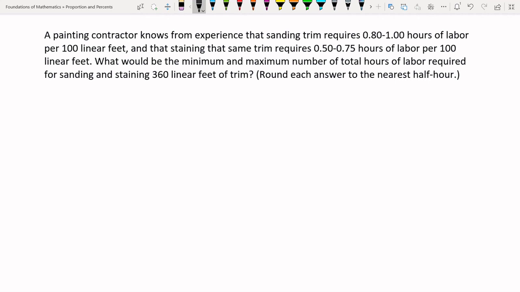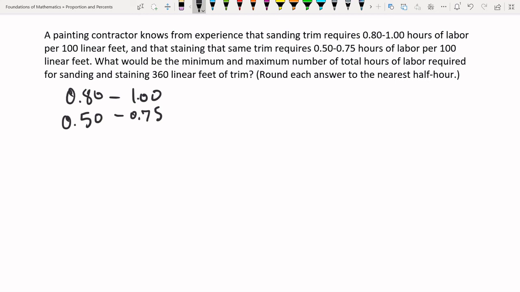So if we're going to look at the maximum and minimum, let's actually figure out what the max and mins are. We have 0.80 to 1.00 hours and 0.50 to 0.75 hours. And these are both for 100 linear feet.